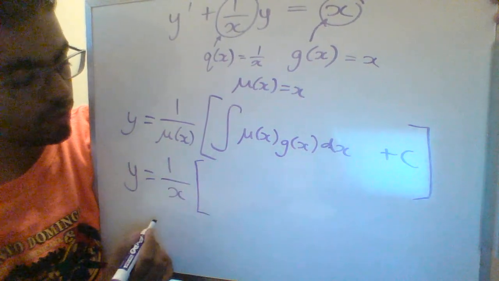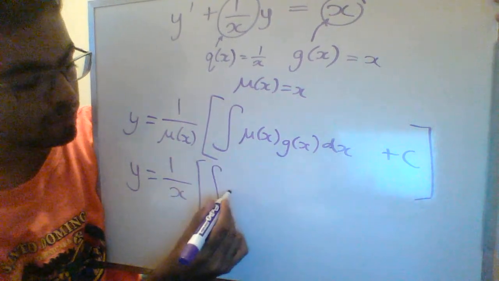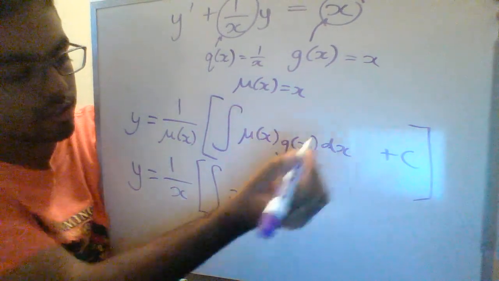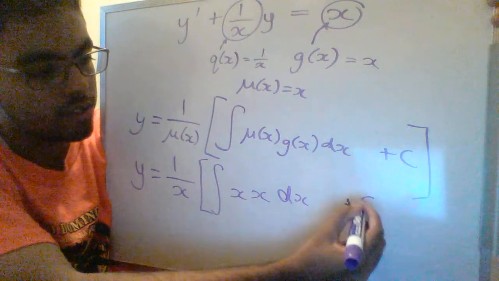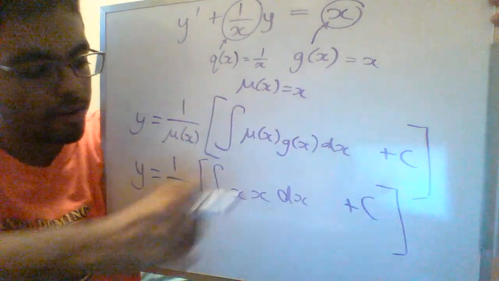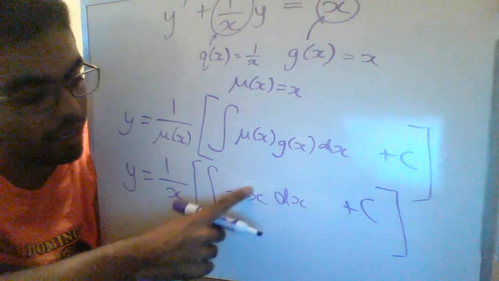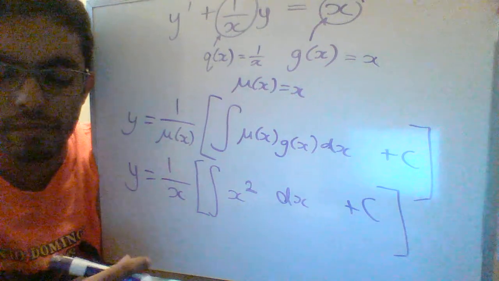Open bracket, and then the integral of mu of x, again we know it's just x, and g of x is also x, dx plus c, right? Now, we can simplify this a little bit. x times x is just x squared, right?